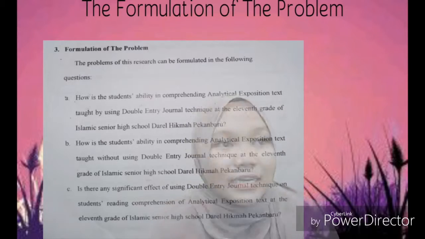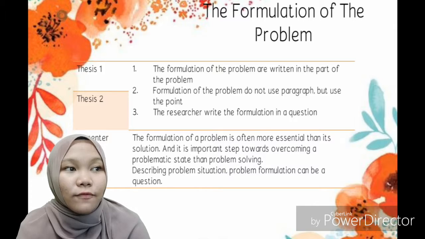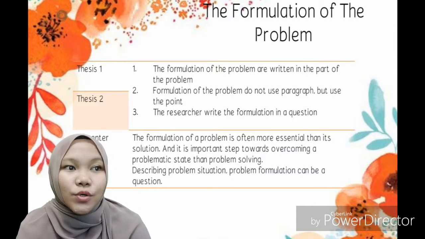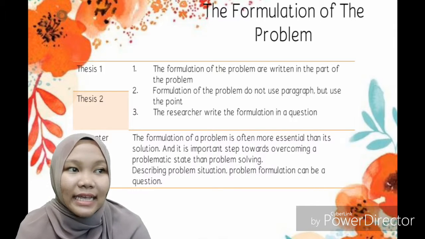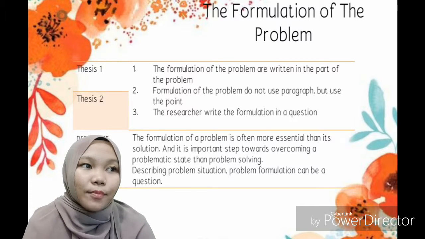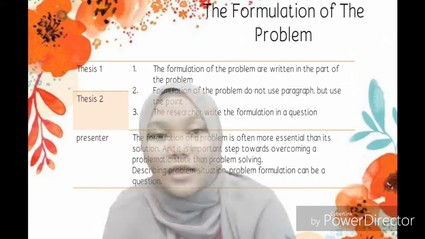About the presenter, the formulation of the problem is often more essential than its solution, and it is an important step toward overcoming a problematic state rather than problem solving. Problem formulation can be a question. And yes, in the thesis, the researcher made the formulation of the problem a question. So it is not like a purpose, but how to solve the problem from the thesis.